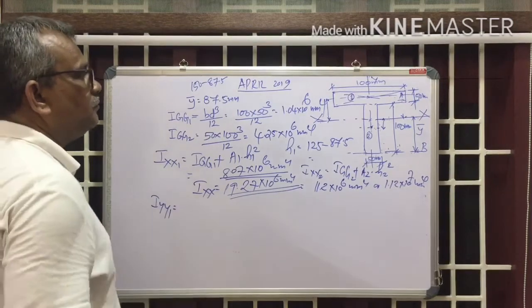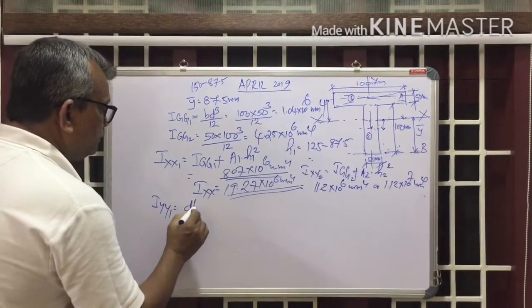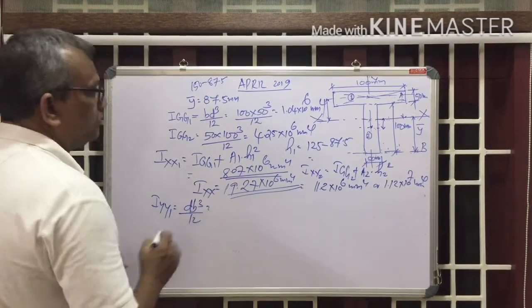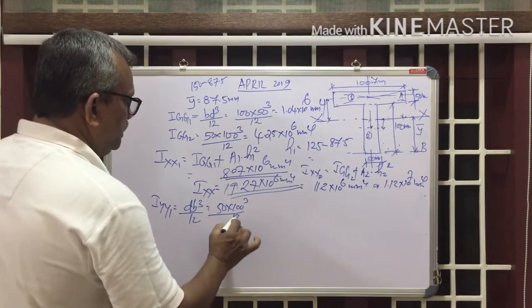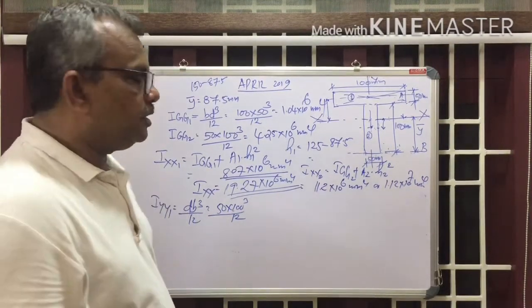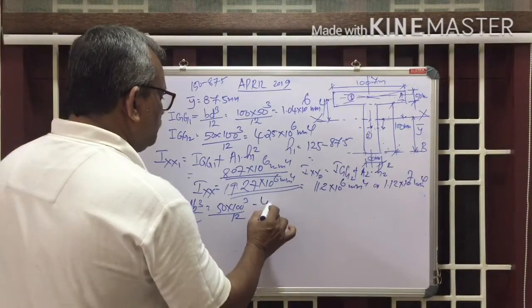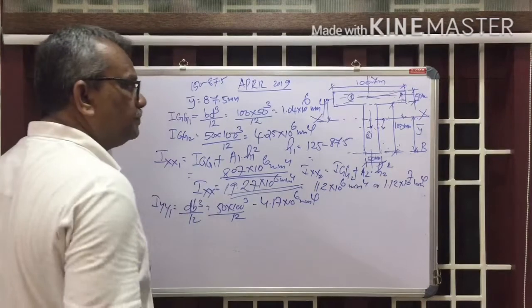What is Iyy1? d b cubed by 12, that is the formula you know, depth into breadth cubed by 12. So that is 50 into 100 cubed divided by 12, which is say 4.17 into 10 raised to 6 mm raised to 4.